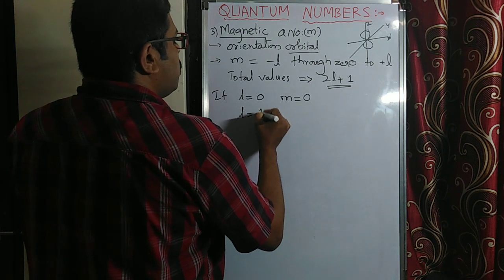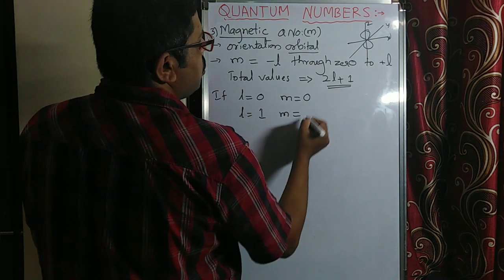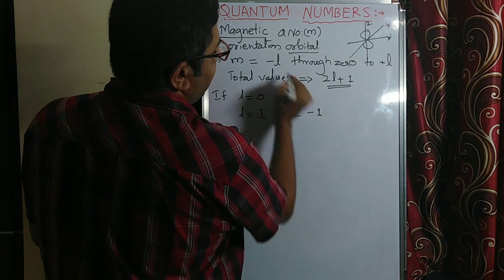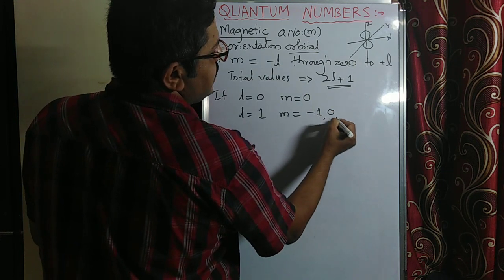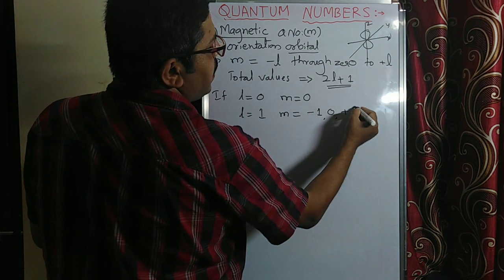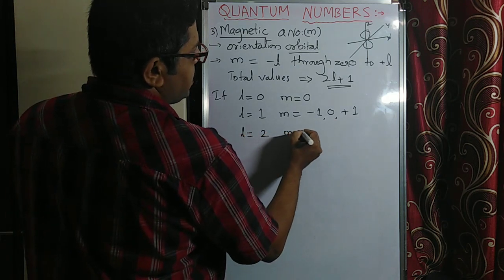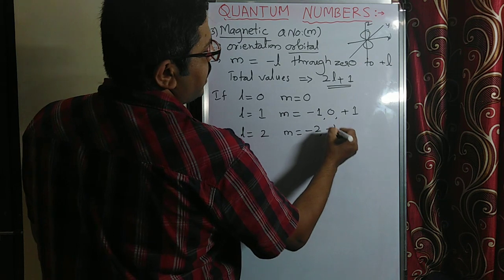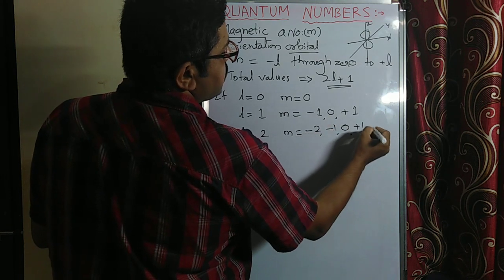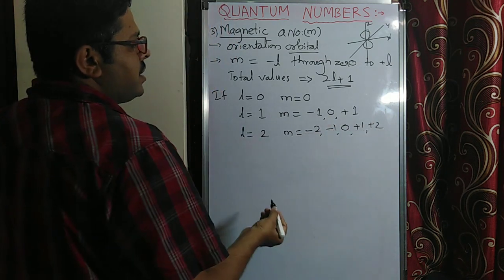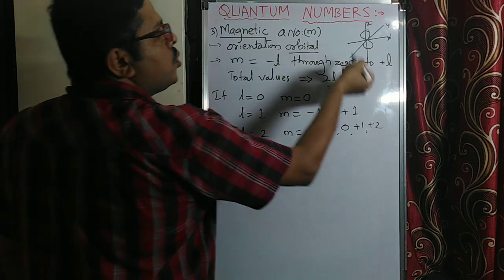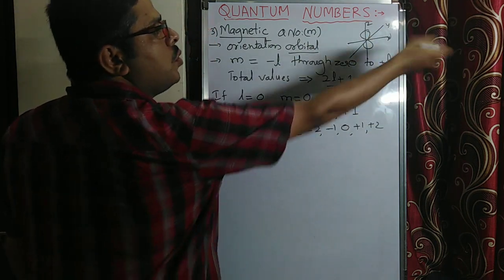Then if L is equal to 1, M is equal to minus 1, 0 and plus 1. If L is equal to 2, M is equal to minus 2, minus 1, 0, plus 1, plus 2, including all the values.